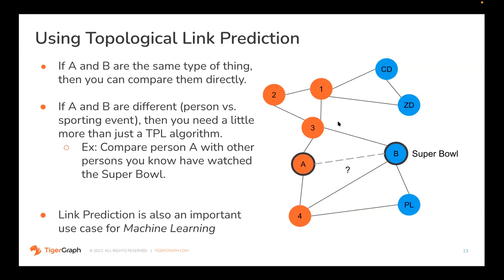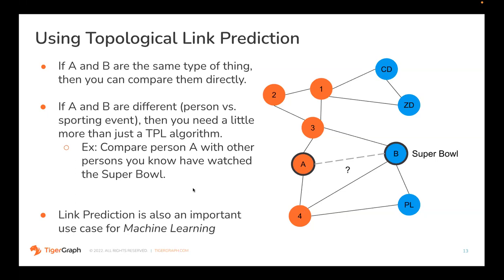Taking the one thing about algorithms in a library, they are standard. Like I said, the standard library is just going to compare A and B. What you may want to do is put that algorithm in context, and that's why I said these can be building blocks. What you want to do is compare A to other persons who have watched the Super Bowl. So you might compare A to 3 and compare A to 4.